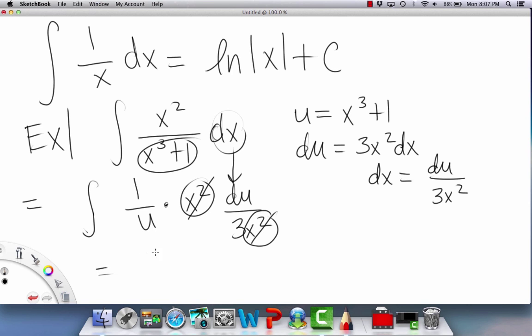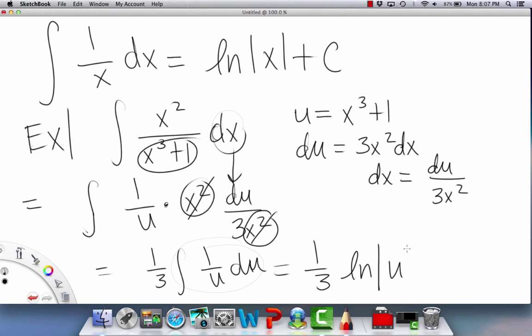And we're left with 1 over 3, right? That can come out. The integral of 1 over u du. And now, from doing so many problems like this, you'll be more familiar with recognizing this as an ln. So this will just be 1 over 3 ln of the absolute value of u plus c.